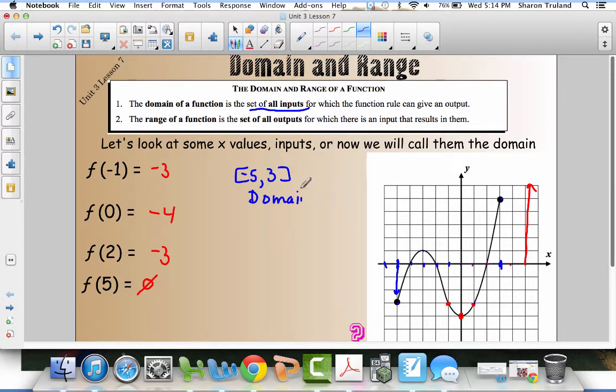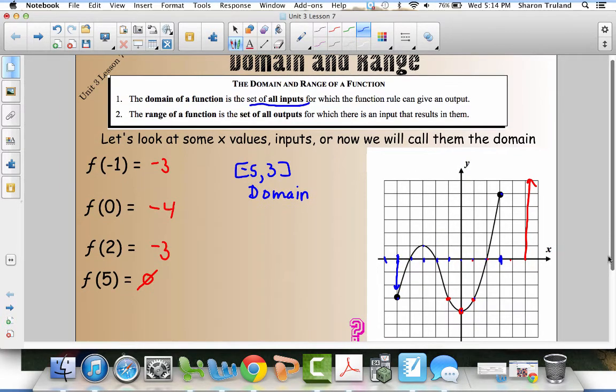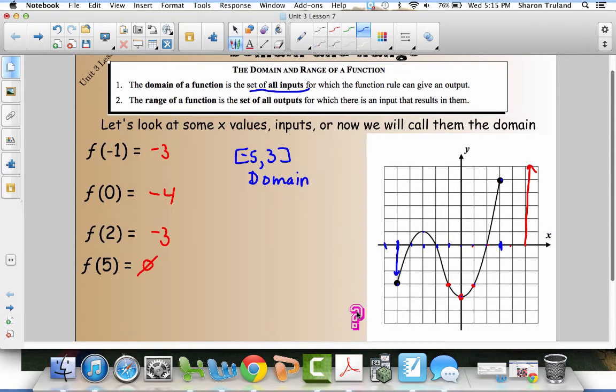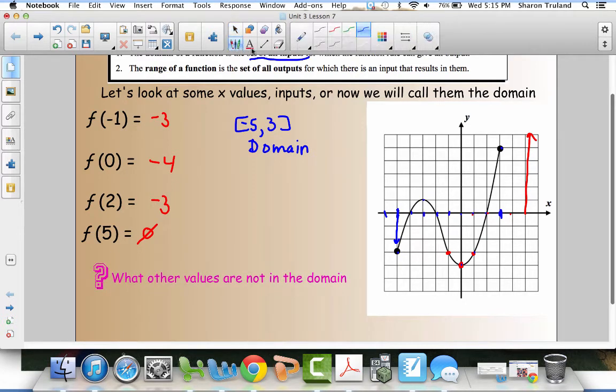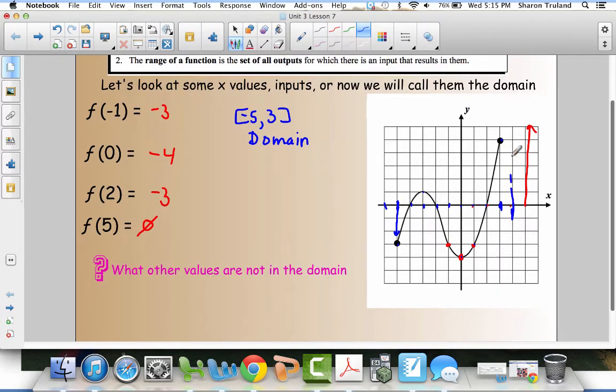If I put any other number in, there wouldn't be an answer. So for example, with this question mark right here, what are other values not in the domain? If I look here, we realize that 4 does not give me an answer.